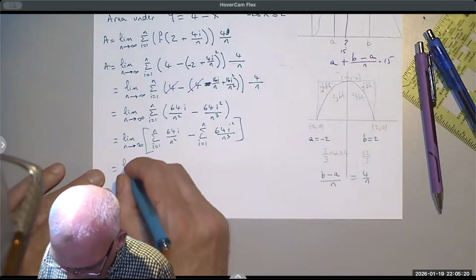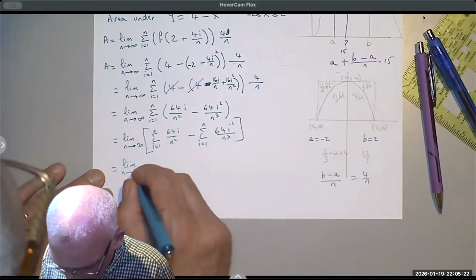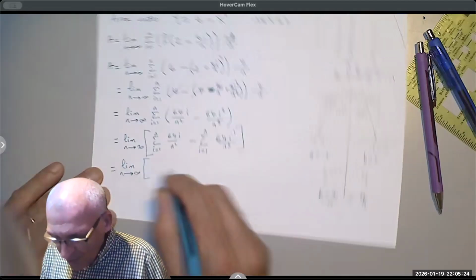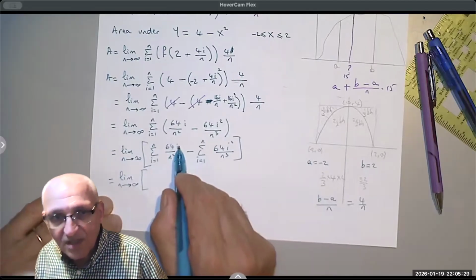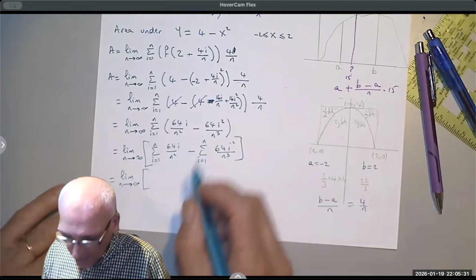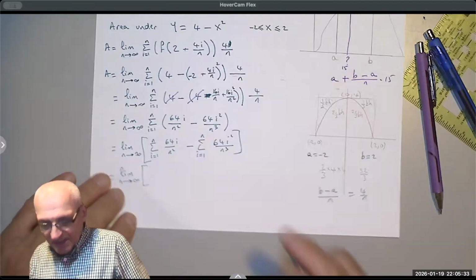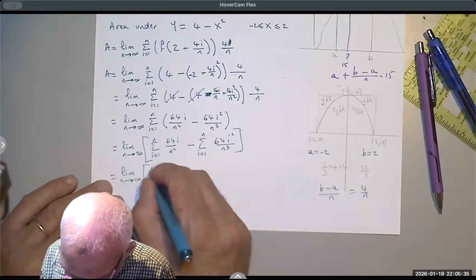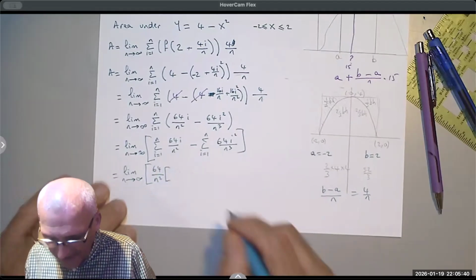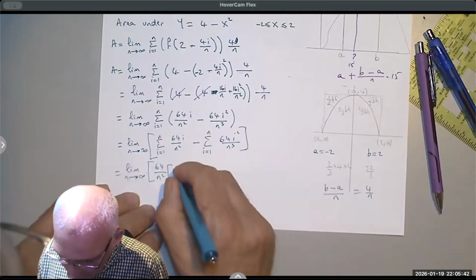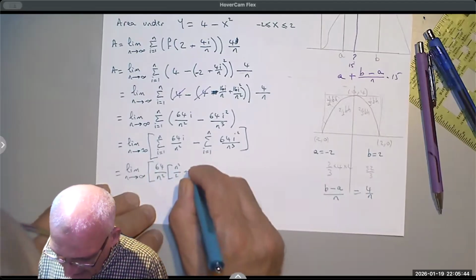Okay, just to be easy. The limit as n approaches infinity of, well, the summation of i is n times n plus 1 over 2. Or, as I said, n squared, so you can write it as 64 over n squared. And then the summation of i, as I told you, is n squared over 2 plus n over 2.